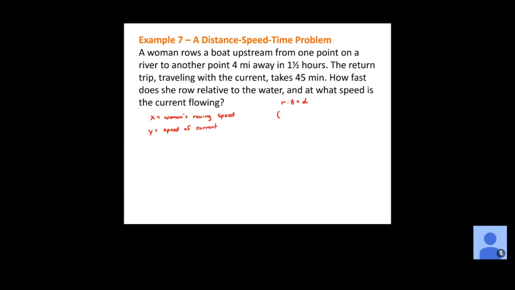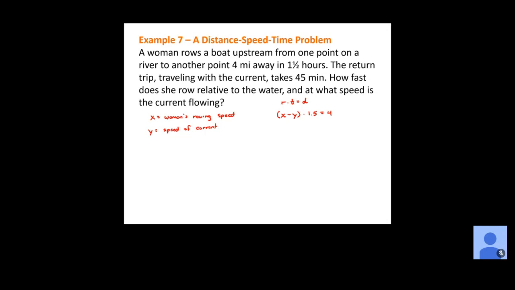So her speed minus the speed of the current is going to be the actual rate that she's moving. So we're going to say x minus y is the r value. We're going to multiply that by time. Now, it's up to you if you want to keep everything in hours, or you could put everything in minutes. I'm going to keep everything in hours, and I'm going to use 1.5 here. And that's going to be equal to her distance, which is 4 miles. So that's our first equation.